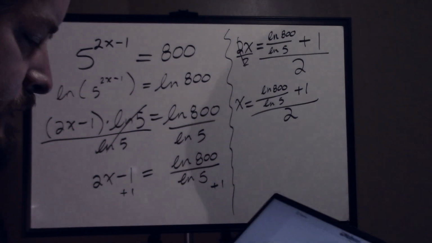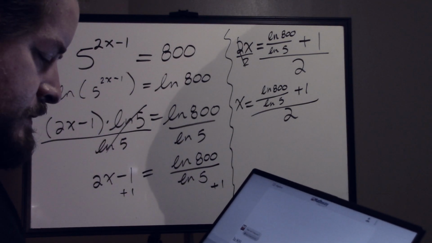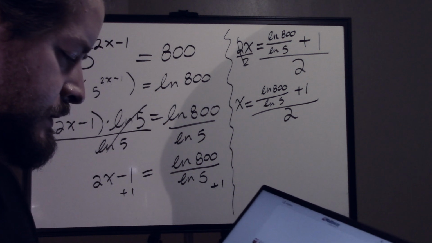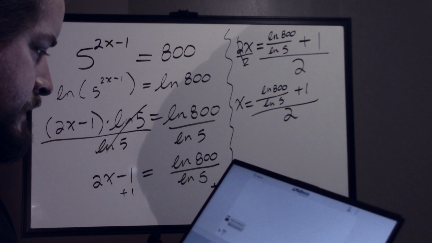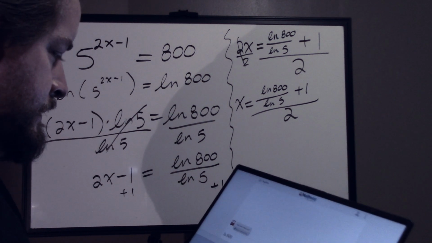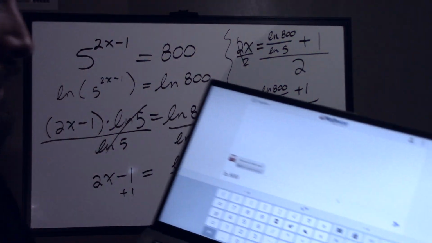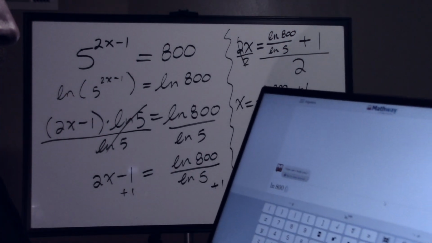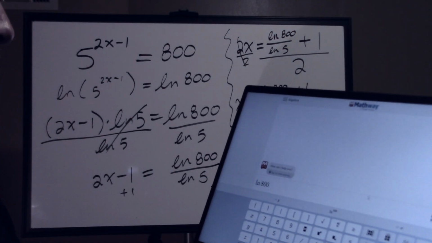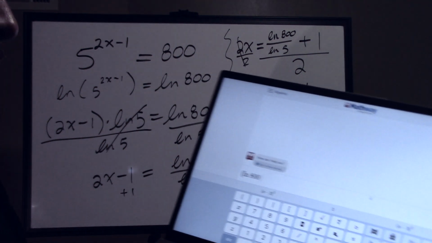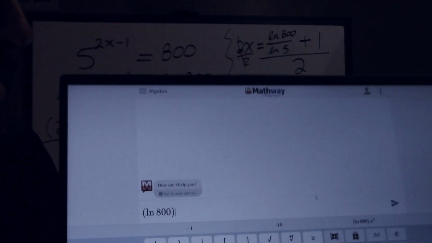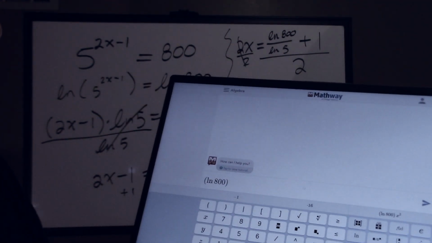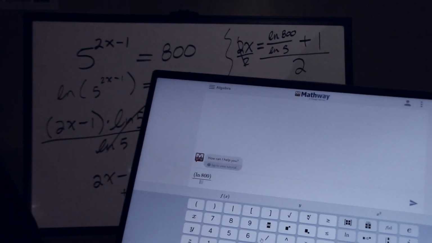This isn't doing what I want it to. Alright, so we're going to be a little more careful here. I'm going to put this natural log of 800 in parentheses because it's trying to get me to divide the 800 and not the natural log. So I'm going to plug the natural log of 800 in parentheses and then divide by this natural log of 5.